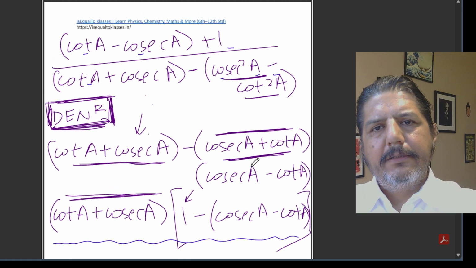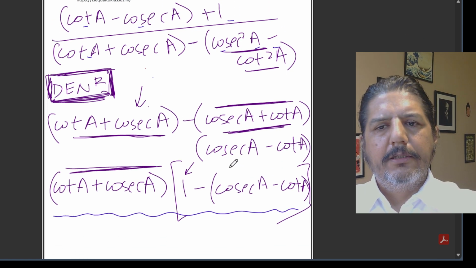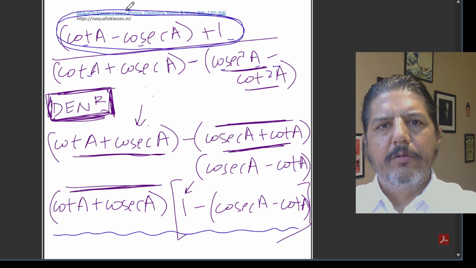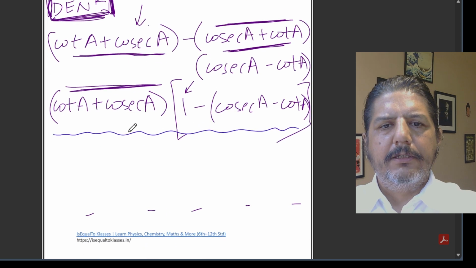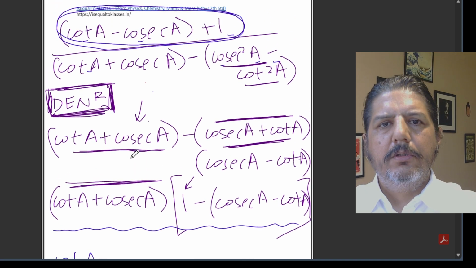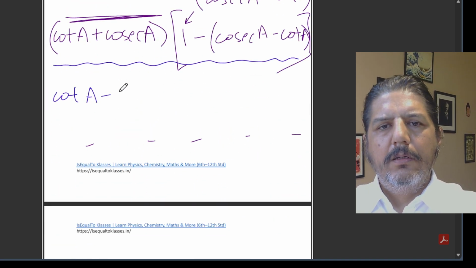So this is what my denominator has reduced to. And if I compare this with my numerator, you'll see what will happen. Now let me bring my numerator back. My numerator is cot A minus cosec A plus 1.